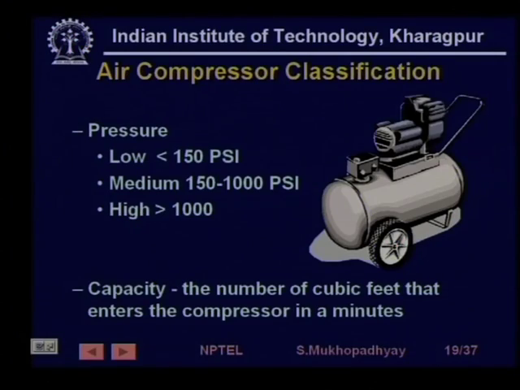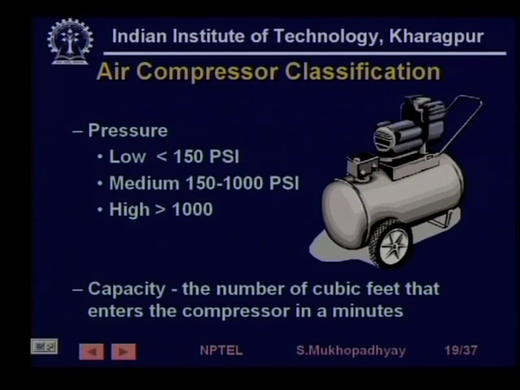The capacity is basically decided by the volume of air that it can deliver per minute at that pressure. In engineering it is often described in terms of CFM, cubic feet per minute. So, how many cubic feet per minute of air the compressor can supply generally indicates its capacity.